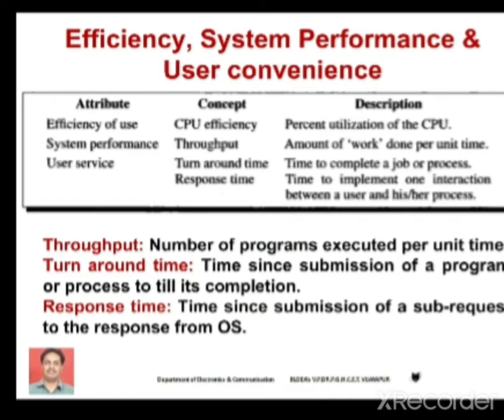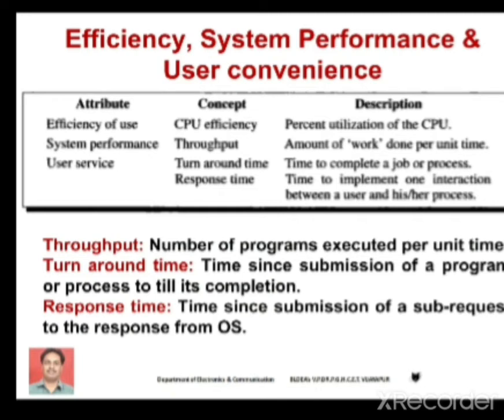It indicates how effectively the CPU is utilized by the processes, that is programs. That itself we call efficiency. And the system performance in general is measured by using the terminology called throughput. Then to measure the user service, we have two parameters called turnaround time and response time.